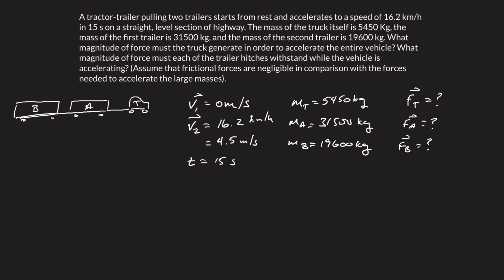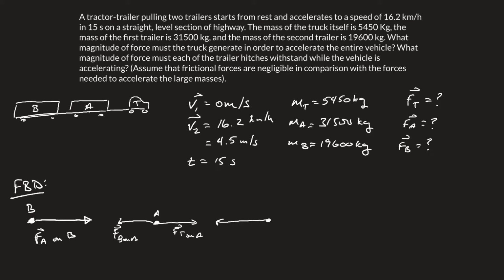On trailer B, we have the force of A acting on B. On trailer A, we have the force of B on A, as well as the force of T on A. And then at the truck, we have the force of A on T, and then just the force that the truck uses to actually move itself.